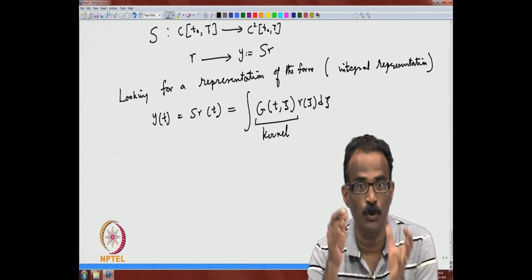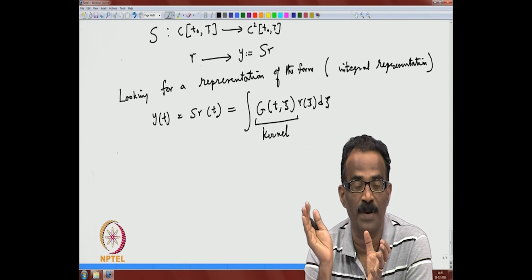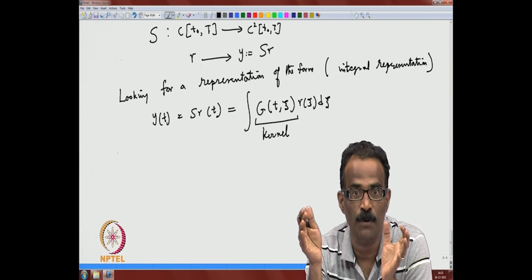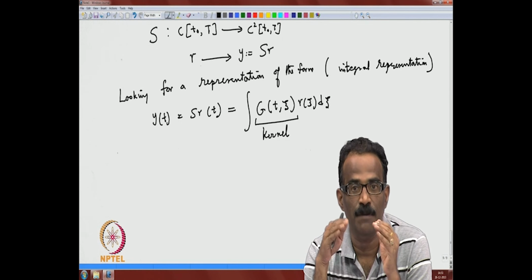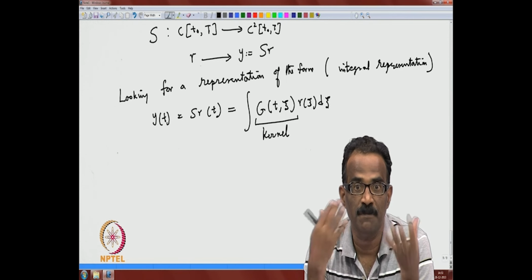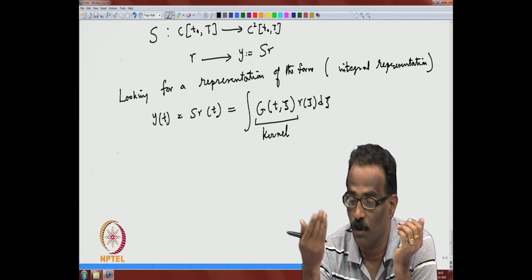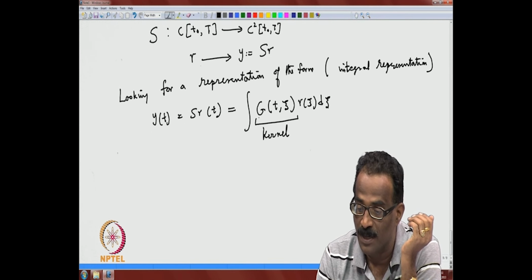So, when you are given a 2 variable function, you can introduce the integral operators, which are linear integral operators. In fact, the development of linear theory actually began from integral operator theory. So, you are looking for such a function.